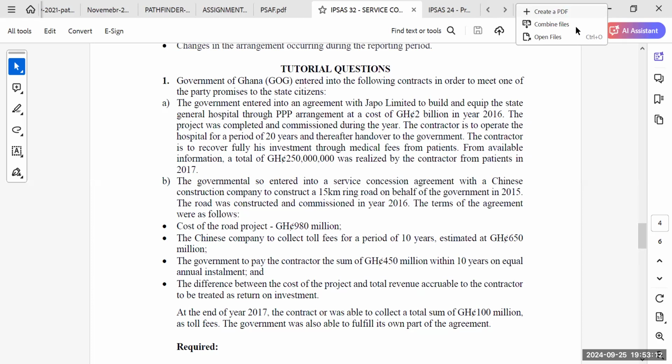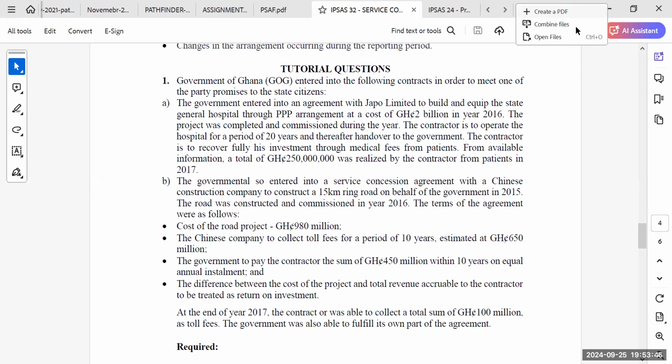Okay. Question 1. Government of Ghana entered into the following contracts in order to meet one of the party promises to the state citizens. A. The government entered into an agreement with Japan Limited to build and equip the state general hospital through PPP arrangements at a cost of 2 billion Ghana cedis in the year 2016. The project was completed and commissioned during the year.